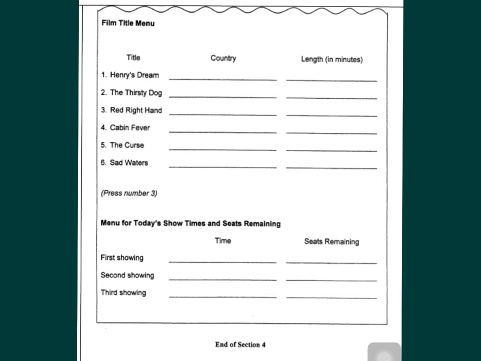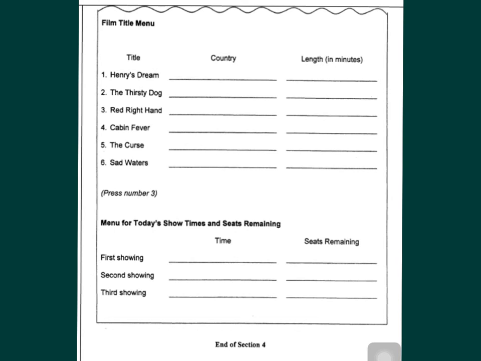The film title is The Thirsty Dog. The country it's from is Japan. The length of the film is 95 minutes. Press 2 for showtimes. The film title is Red Right Hand. The country it's from is Korea.